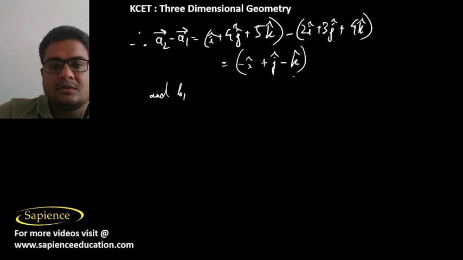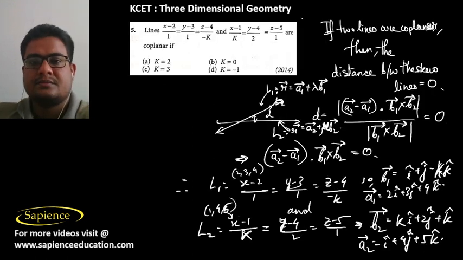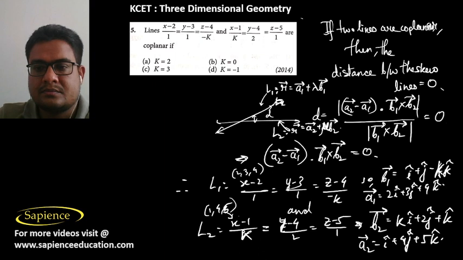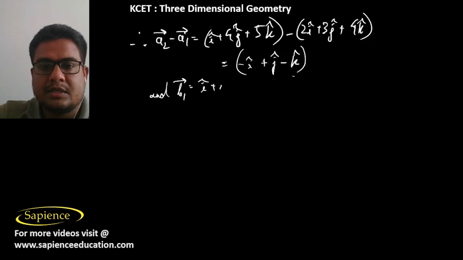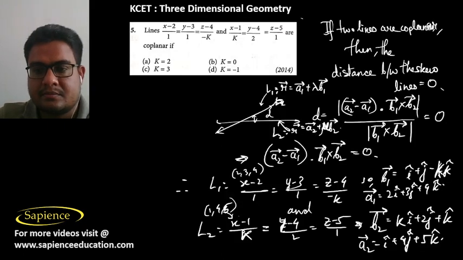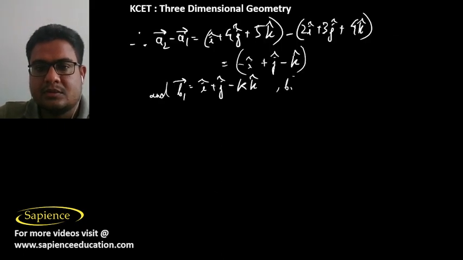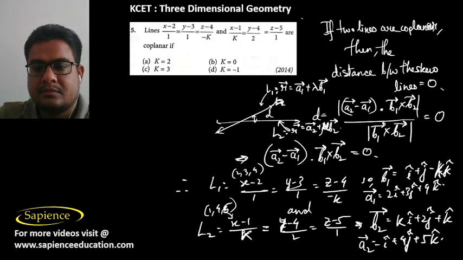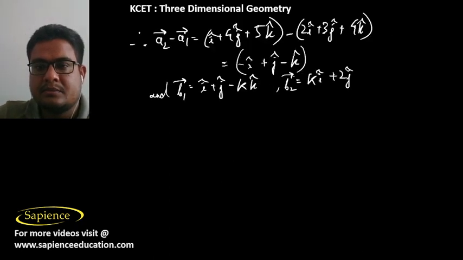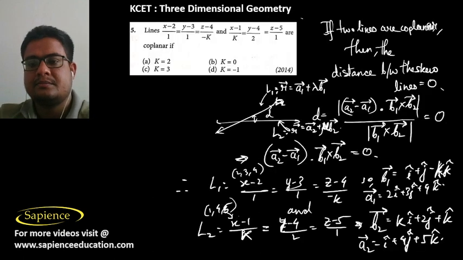And b1 vector is i cap plus j cap minus k cap. b2 vector is k i cap plus 2 j cap plus k cap.